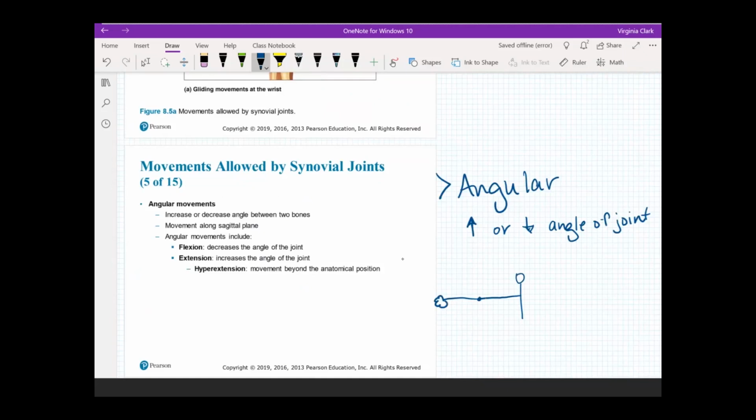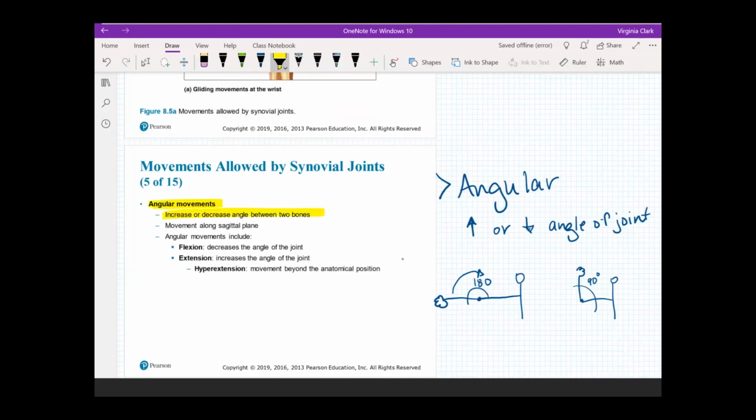What he did was he moved this arm up. So he went from 180 and then he moved it so that it was, here's his elbow, boop, here he goes. Now this is 90 degrees. So he has decreased the angle of the joint, or you could do the opposite. He could flex his arm and then return it back to normal, and he could increase the angle of the joint. So that's essentially what we're talking about with angular movements.